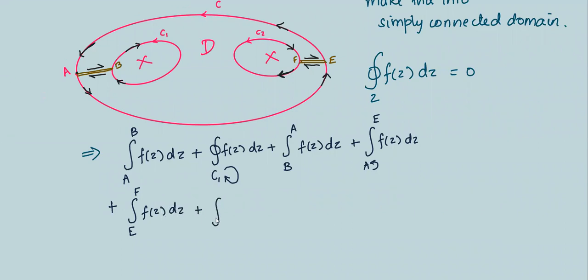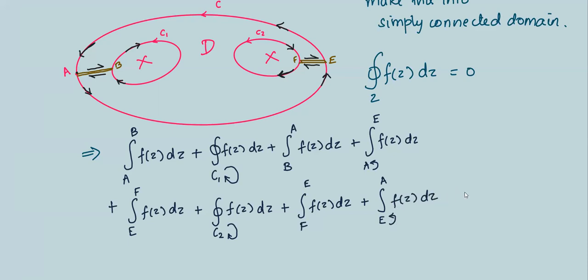Then plus closed loop C2 clockwise f of Z dz, plus integral FE f of Z dz, then integral EA f of Z dz is equal to 0, this part.